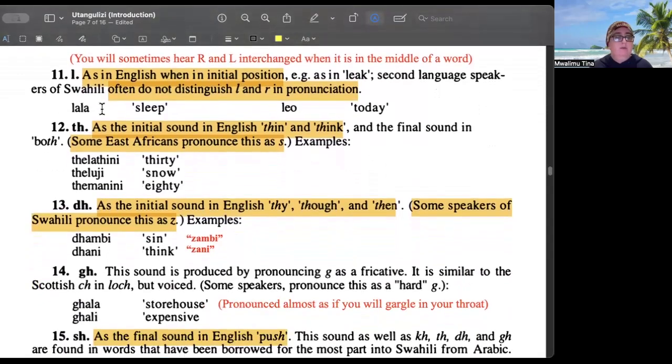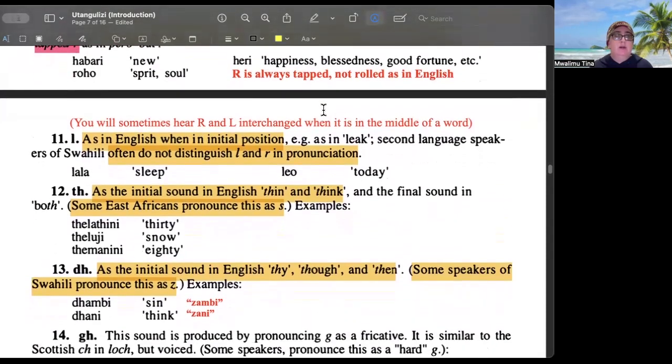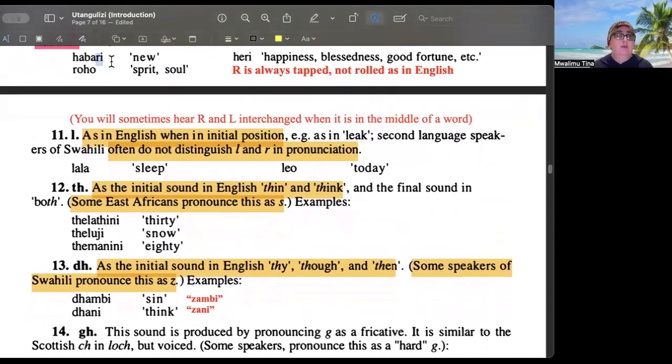For example, we have lala, leo. But you may even find people pronouncing habali with an L instead of an R.